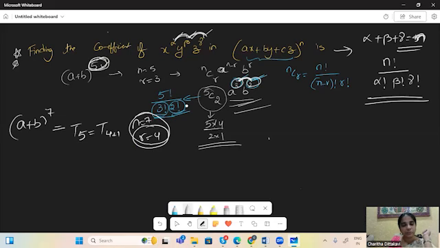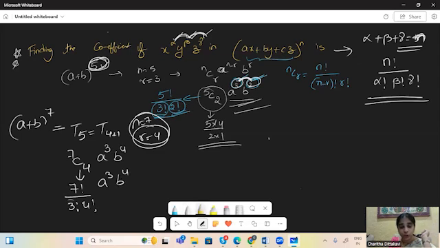Now talk about expansion, nCr. So 7C4, a to the power 7 minus 4, and b to the power 4. And how do you write nC4? n factorial by n minus 4 factorial into 4 factorial, into a cube and b power 4.